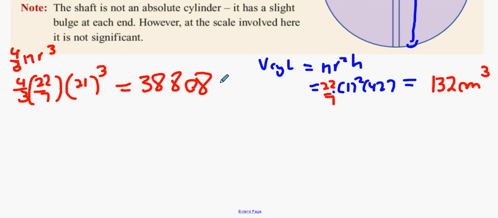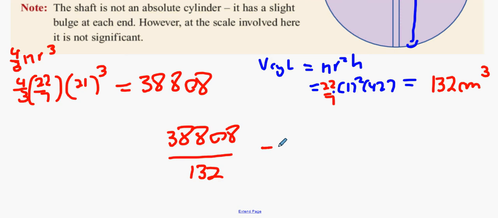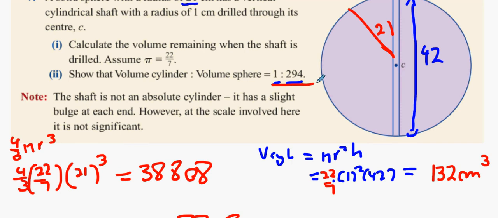Quick question. What's 38,808, which is the volume of the sphere, divided by 132? 294. So you've proved your ratio, haven't you? 1 is to 294. Is the question good? That's the last thing we have to do?